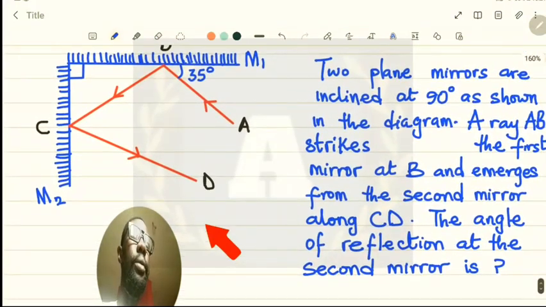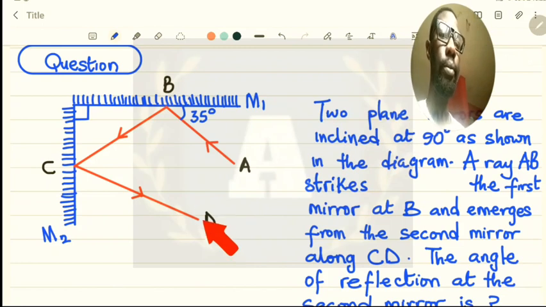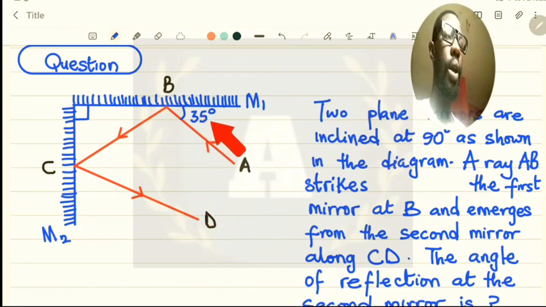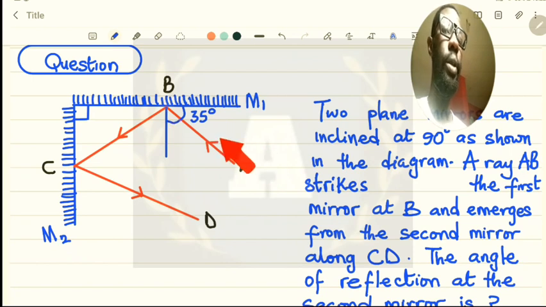Now like we've solved above, this here is the glancing angle, 35 degrees. So we need to calculate the angle of incidence. You take away 90 from this, and that is 55 degrees.